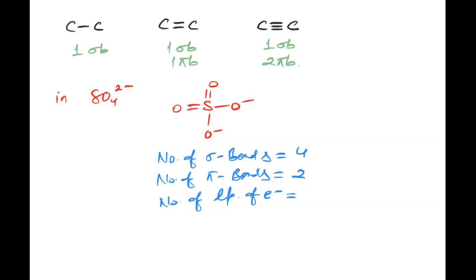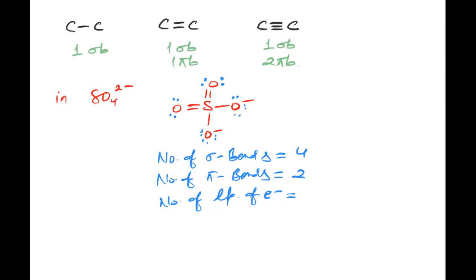Now, as far as oxygen is concerned, oxygen consists of 6 electrons in its valence shell. Out of 6 electrons, 1 forms sigma, 1 forms pi. So 4 electrons remain, meaning 2 lone pairs of electrons, and another 2 lone pairs here, 3 lone pairs of electrons, and another 3 lone pairs here.